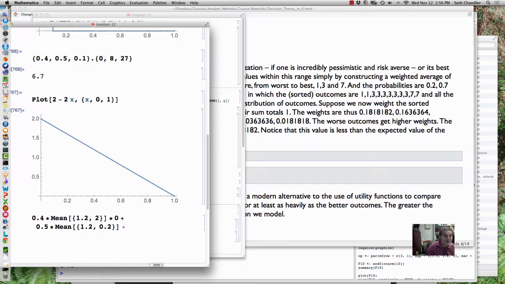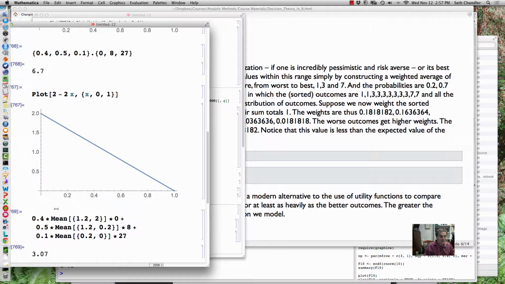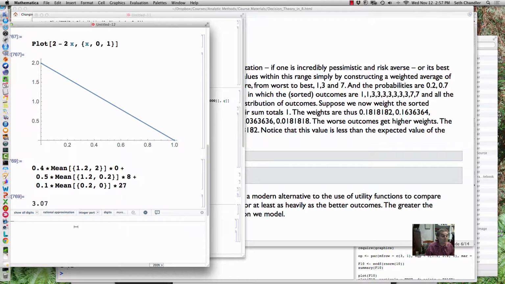And then the next area is 0.1 times the mean of 0.2 and 0, and we need to multiply this by 8 and this by 27. And so what we've done is to weight each of the results by their corresponding trapezoid. And when we do that, I get 3.07.